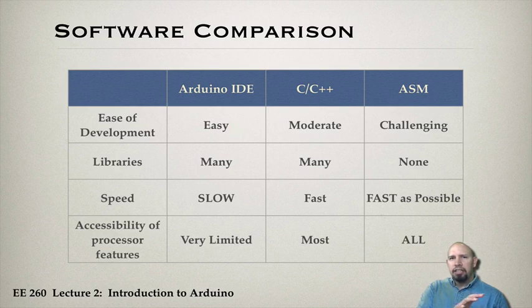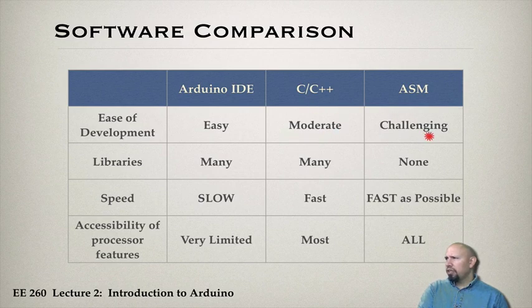Arduino IDE is designed to be simple, and so with C, it's not as easy. So if you want to get into complicated things like pointers and address pointers and all those kinds of things, it can be pretty complicated. Or if you want to use malloc or alloc or any of those, there are complicated constructs that can be used within C or C++. Object-oriented stuff. You can get really complicated. It doesn't have to be that complicated, but you can get really complicated. So that's why I say moderate.